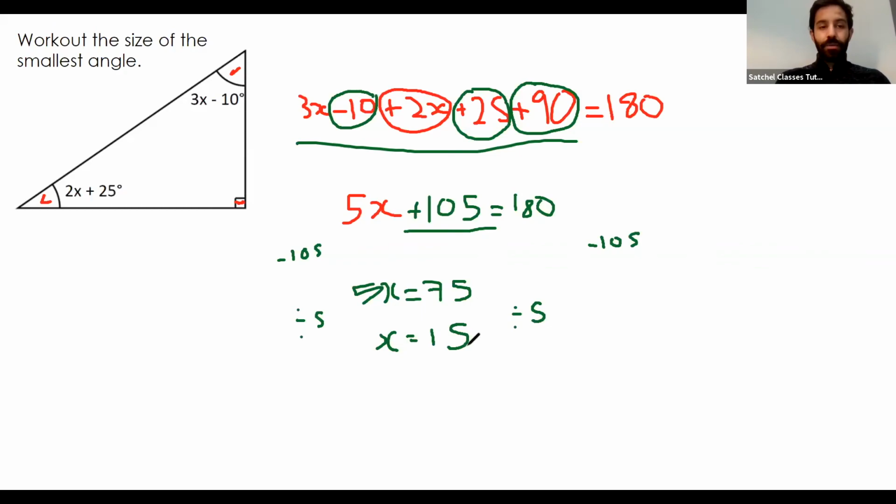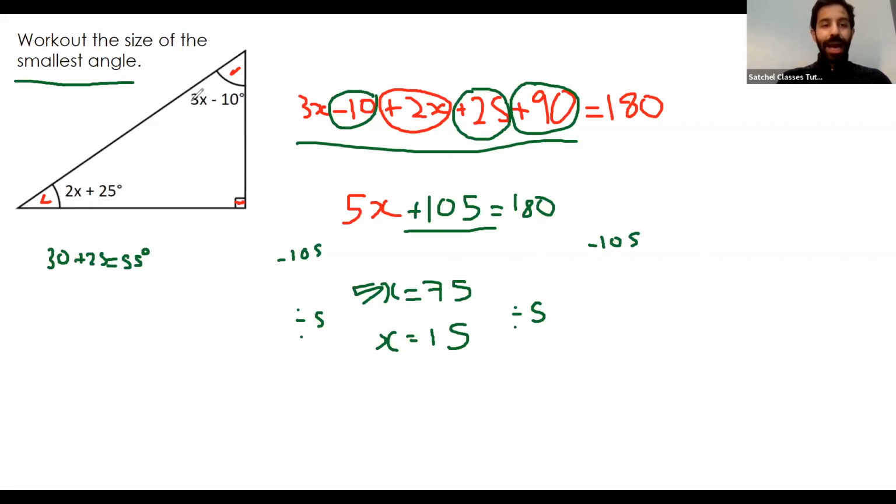So x is equal to 15, and then it says work out the size of the smallest angle. So we need to substitute 15 into these expressions that we have here. So 15 times 2 is going to be 30. So 30 plus 25 will give us 55 degrees.